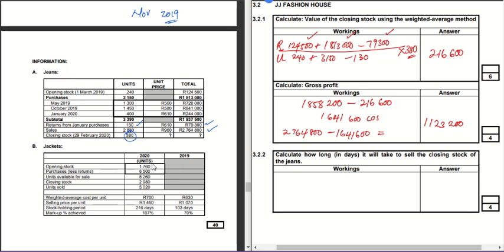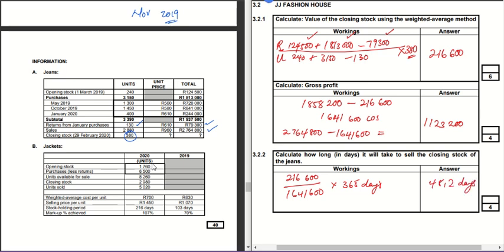So I'm going to take the closing stock and ask how long it takes to sell it. The closing stock is 216,600, and you divide it by your cost of sales, how much you have sold, that is 1,641,600, and you multiply it by 365 days. All right, and then it will give you 48,2 days.